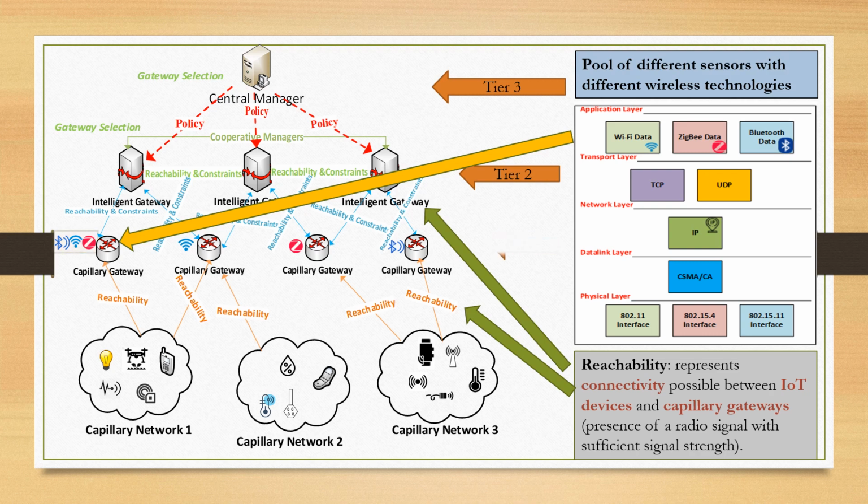The reachability here represents, of course, the possible connectivity between the capillary gateways and the IoT devices by presence of a radio signal with sufficient signal strength.